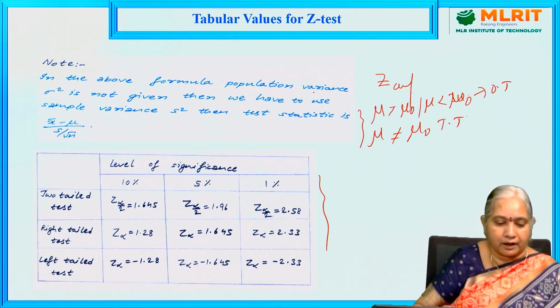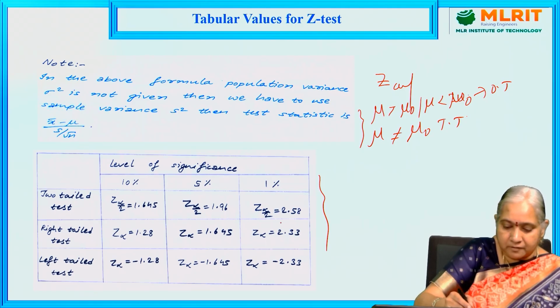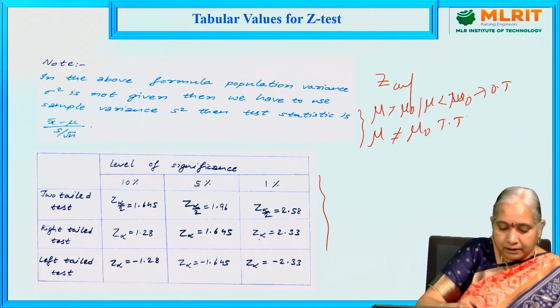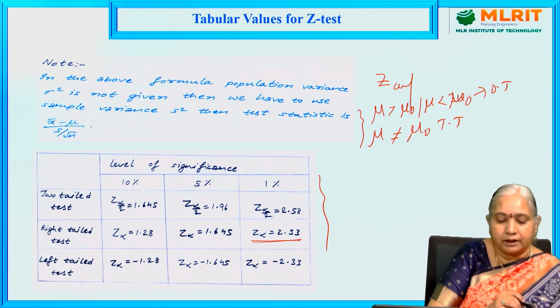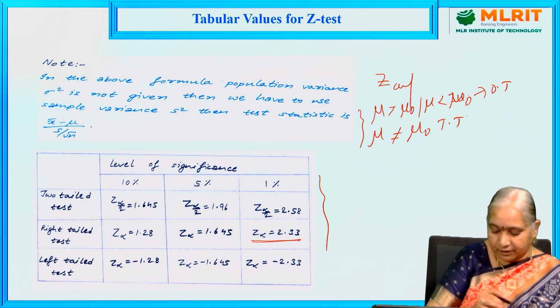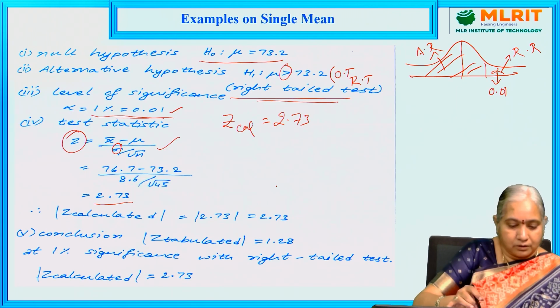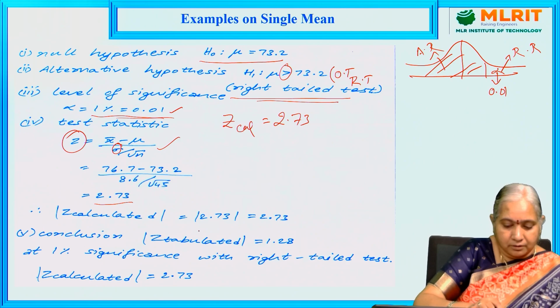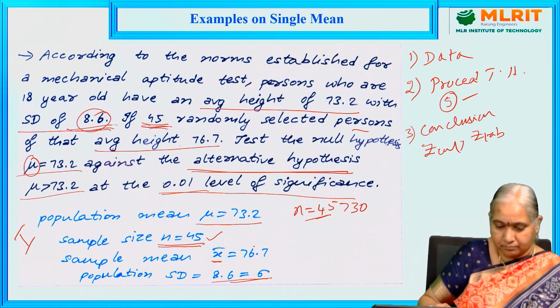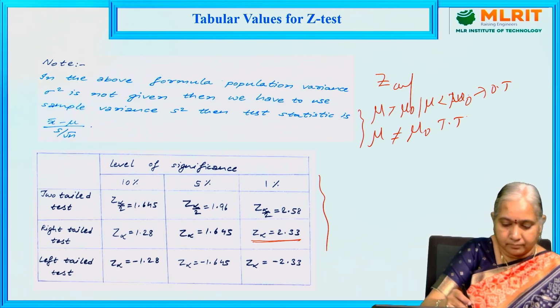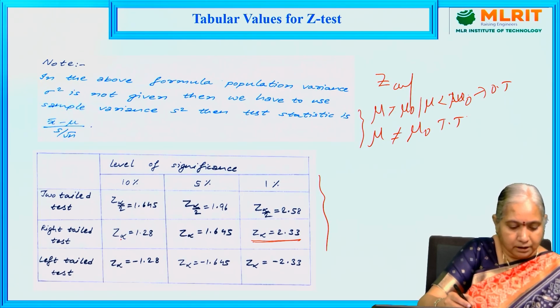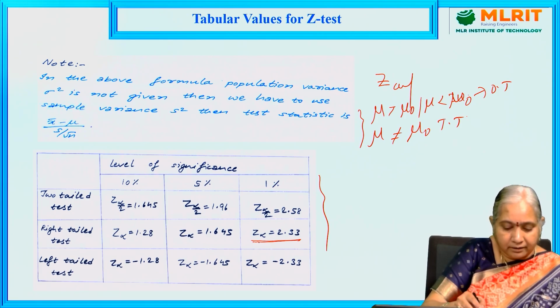So see the tabular values. In right-tailed, if the alpha level is 1%, then the tabular value Z alpha is 2.33.